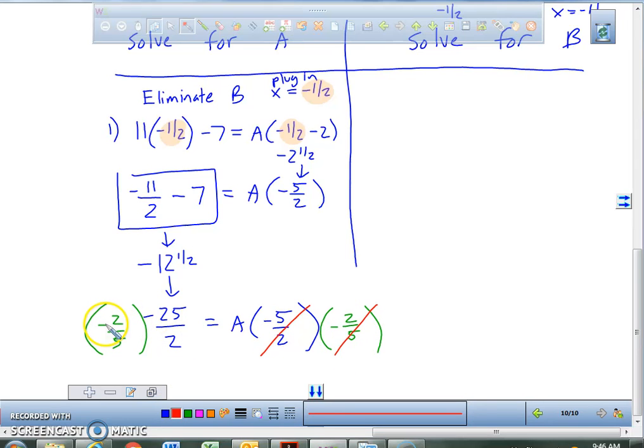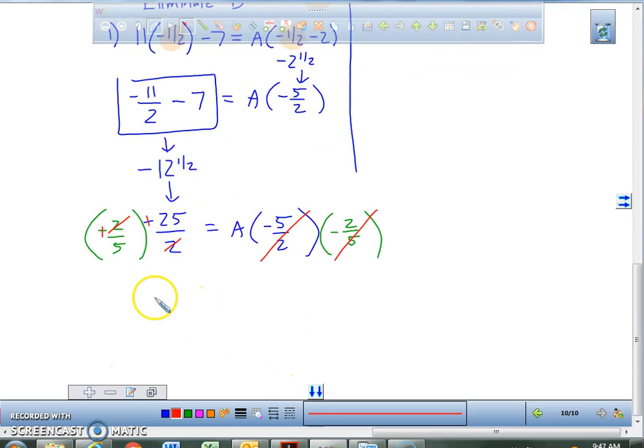The negatives are going to turn to positives. These 2's are going to cancel out. 25 divided by 5 is simply 5. So 5 is equal to your capital A. Alright, 5 is equal to your capital A.